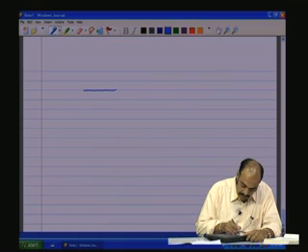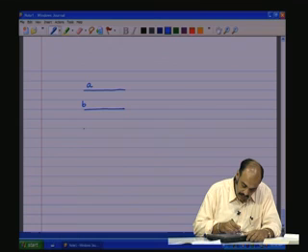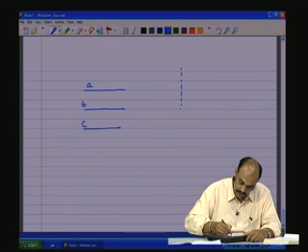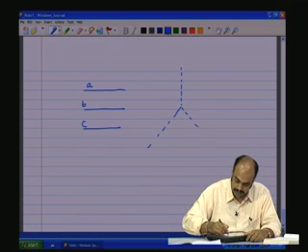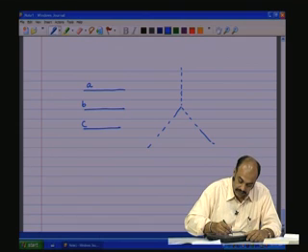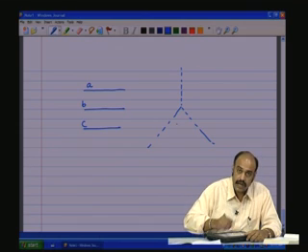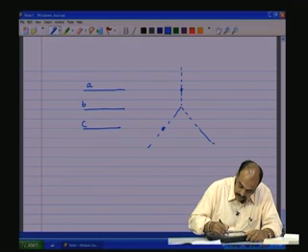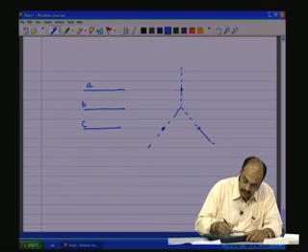So, let us say I have line A, line B and line C, and we saw that we connect it with respect to the phasor diagram in the manner of a star, but it can also be connected between these terminals as shown here.